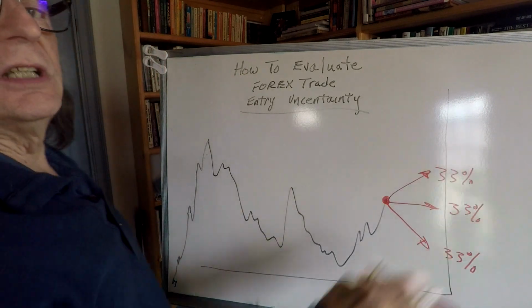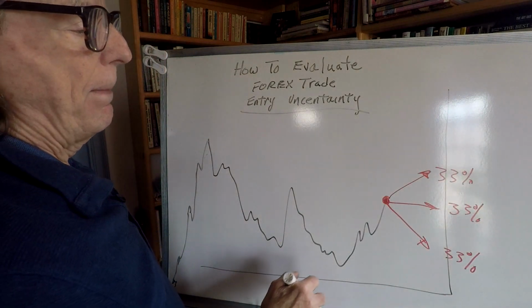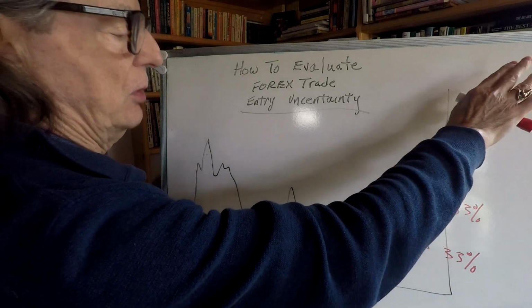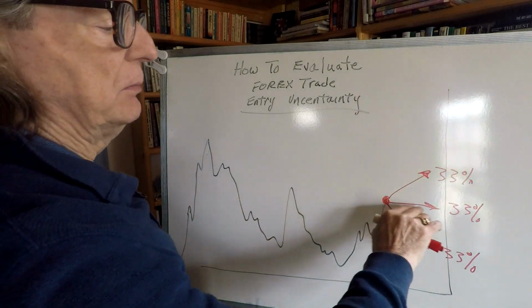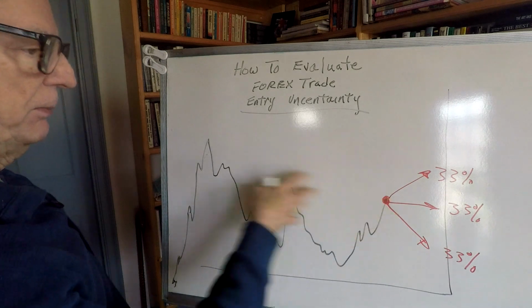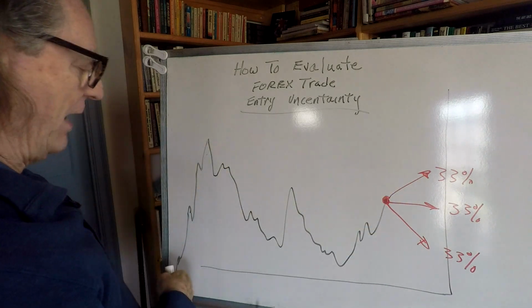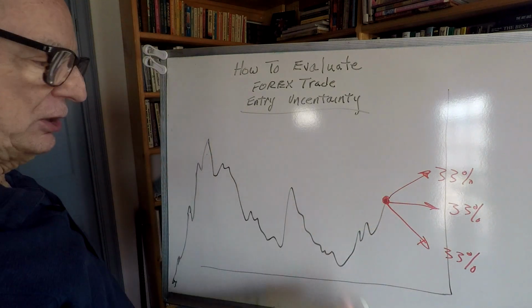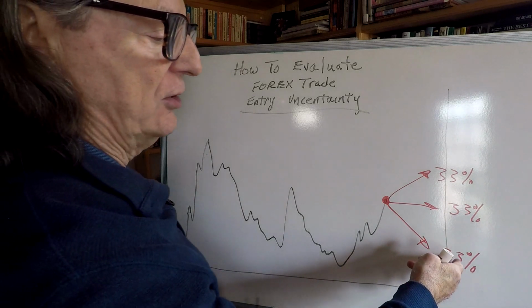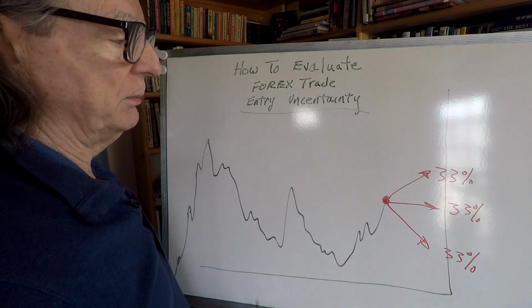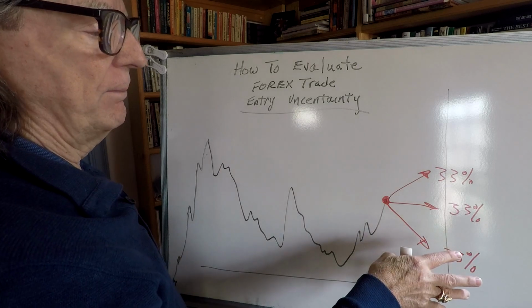That's the uncertainty from the long-term standpoint. Will it continue moving up as it is? Will it move sideways, which it has a component of sideways movement here? And obviously it came up from somewhere, so maybe it could be going back down there, and you have this 33% chance that it could be doing that.